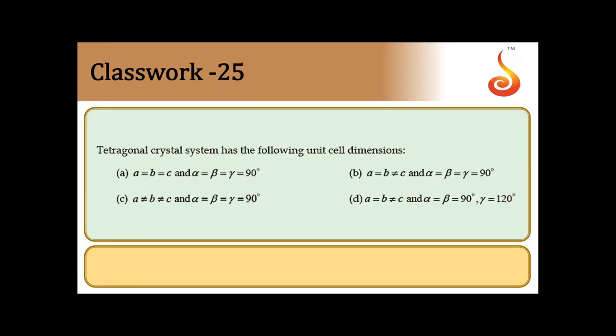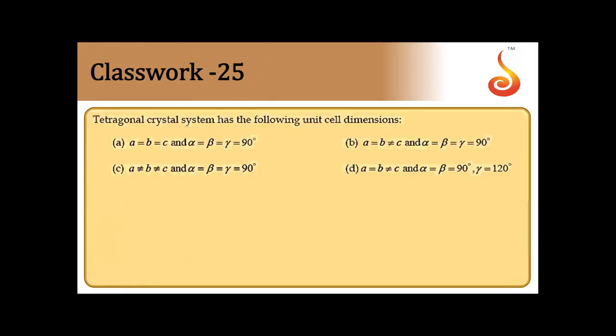Then 25 now. Tetragonal crystal system dimensions. Dimensions of the tetragonal system now. A stands for the cubic structure. This is a cubic form we have. B is a tetragonal form, which they are asking us.